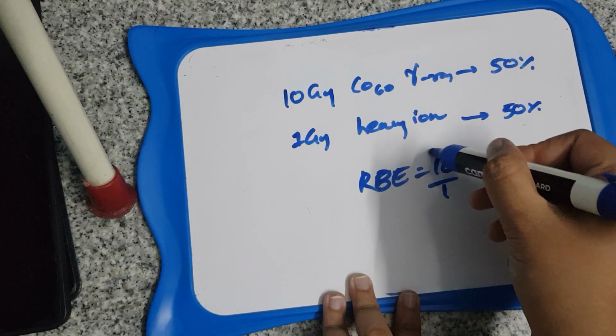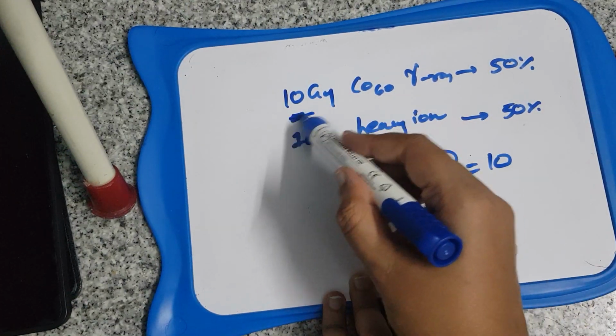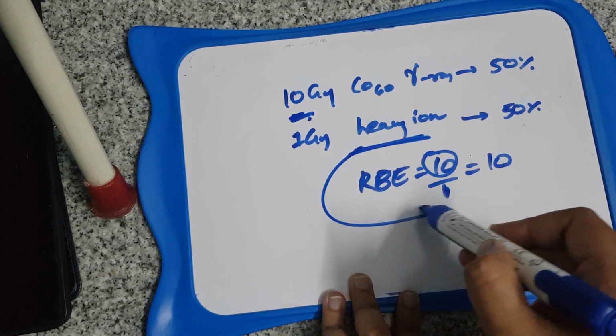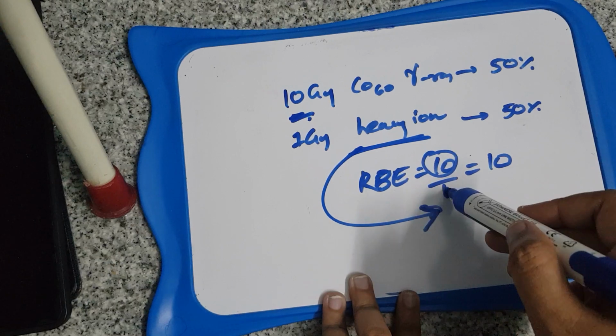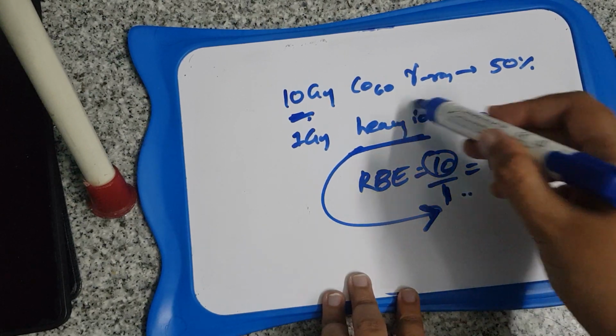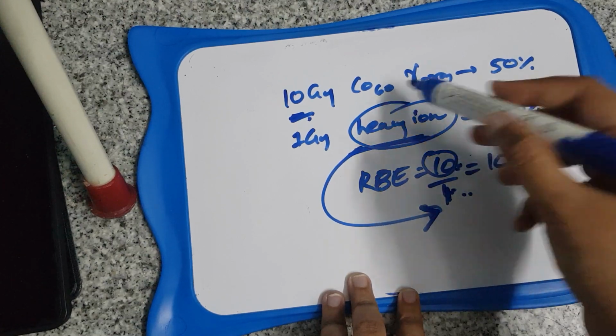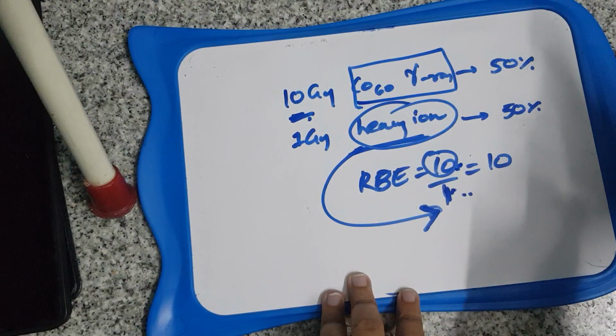So 10 is for our reference radiation, and 1 is for whichever heavy ion we are testing. Only 1 gray of this particular heavy ion is required, as opposed to 10 gray of our usual gamma rays.